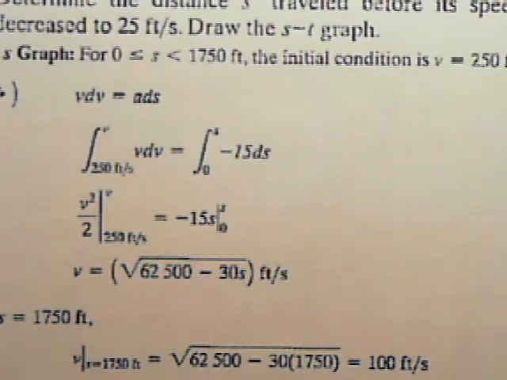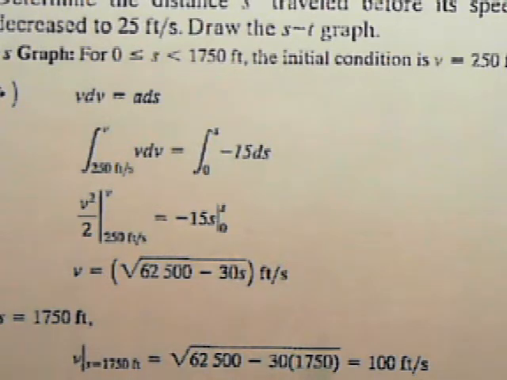Plugging in the upper and lower limits, we'll have a V squared on this side. We'll take the square roots of both sides and move the constants around in the algebra. It gives us V is the square root of 6250 minus 30s.